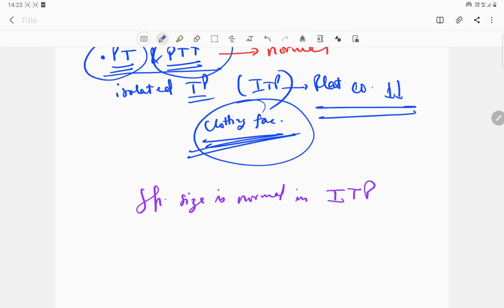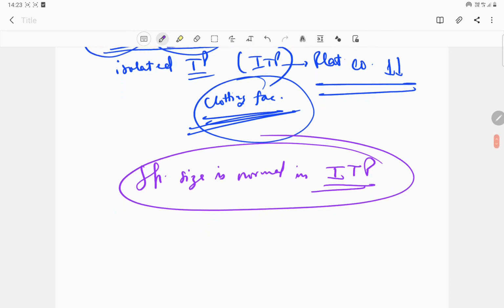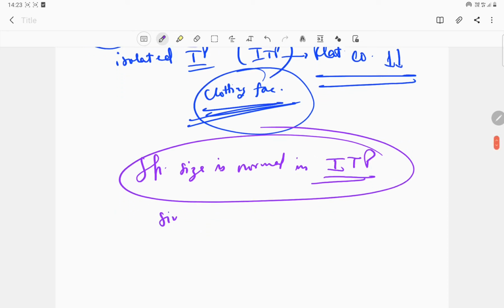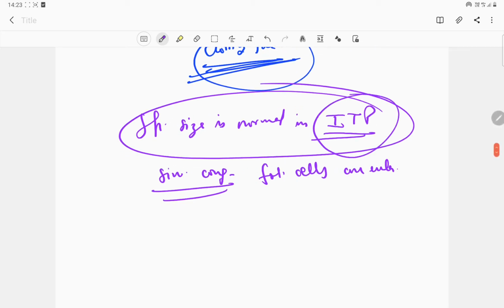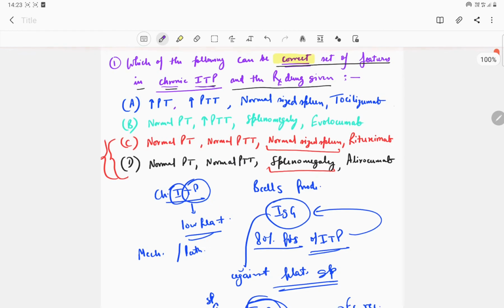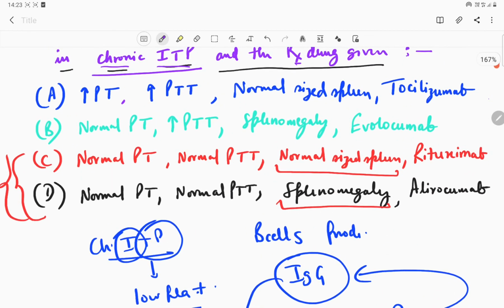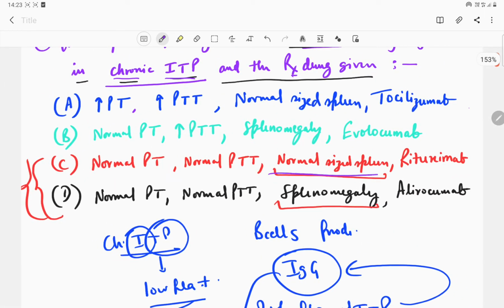In ITP, the splenic sinusoids are congested, the follicular cells are enlarged, and the reactive germinal center is also affected in the spleen. But the spleen size is normal in ITP. Therefore, the answer is straightforward: C, normal spleen size, normal PT, normal PTT.